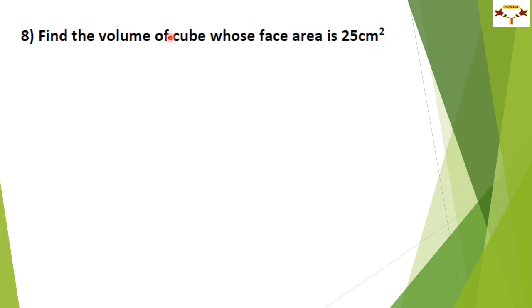Number 8, find the volume of a cube whose face area is 25 centimeters squared. Again, I know that the volume of a cube equals edge times edge times edge. I don't have the edge here. I have the area of one face. I know that the face of the cube is a square. Area of one face equals side times side, or edge times edge, equals 25 centimeters squared. Here it is a given. What is a number multiplied by itself equal to 25? Yes, it's 5.